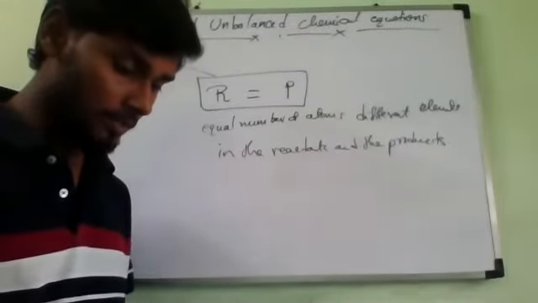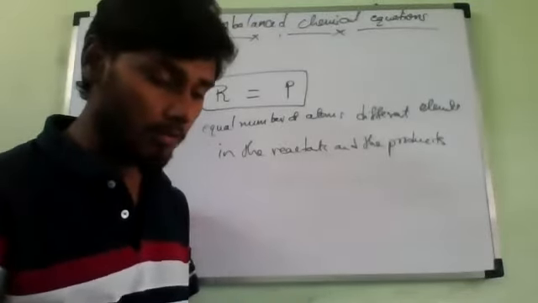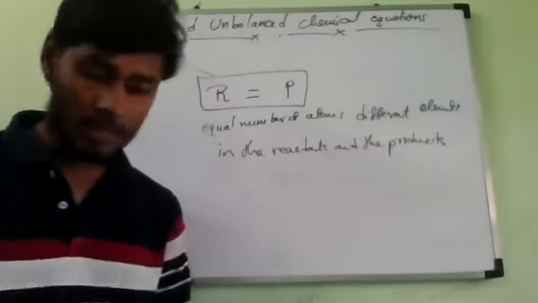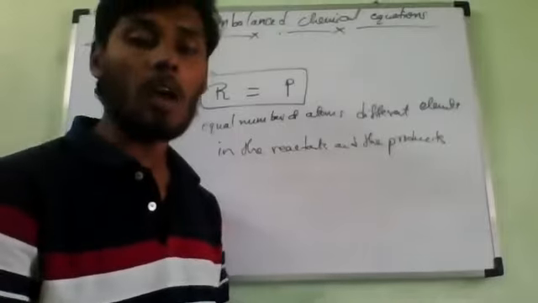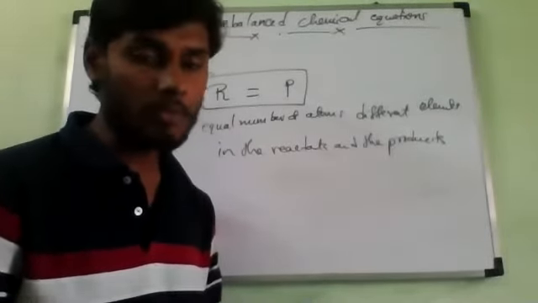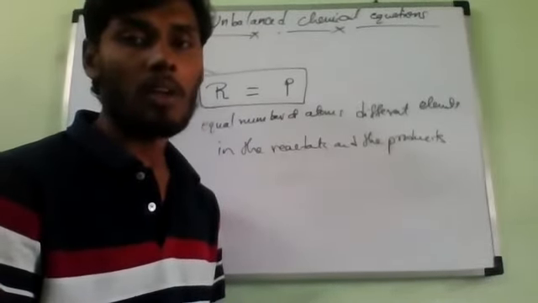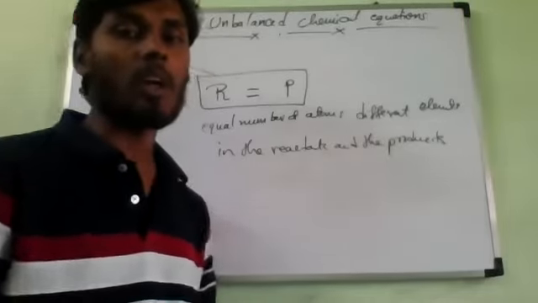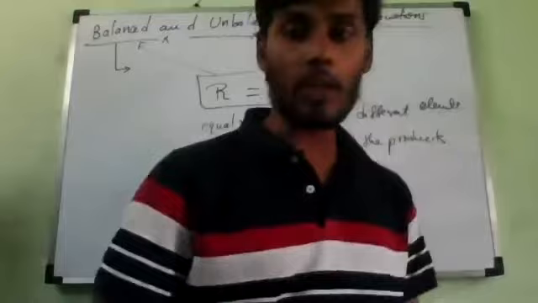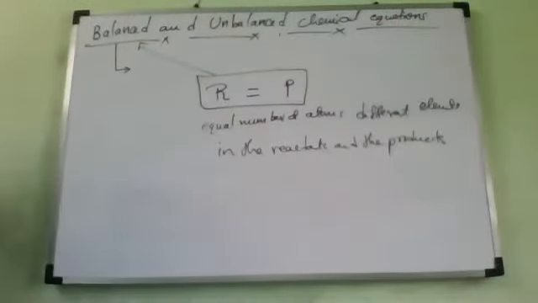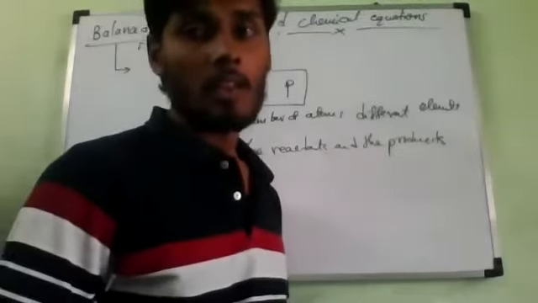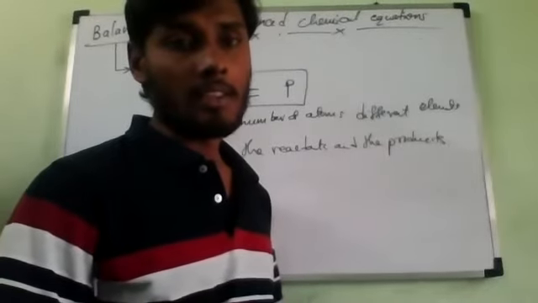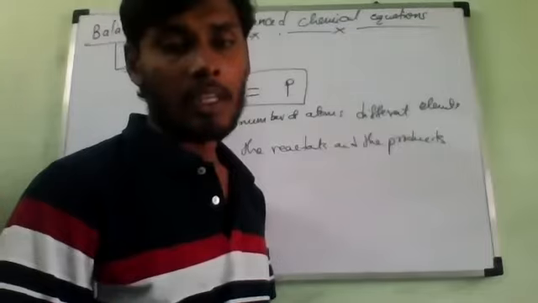A balanced chemical equation has an equal number of atoms of different elements in the reactants and the products.